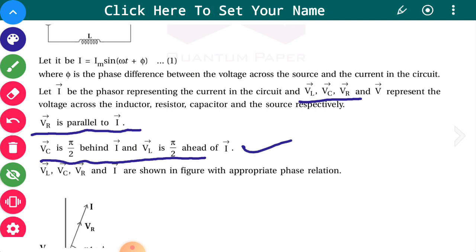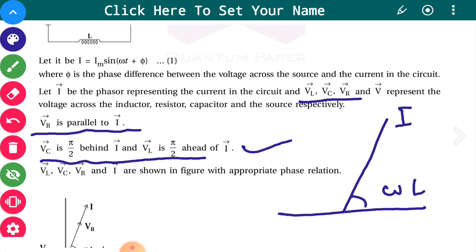So if a phasor of current is drawn, say this is the phasor of current which is making an angle of say omega t1 with the horizontal axis. This is the phasor of electric current. Then voltage of resistor has no angle with I, means there is zero angle or they coincide.